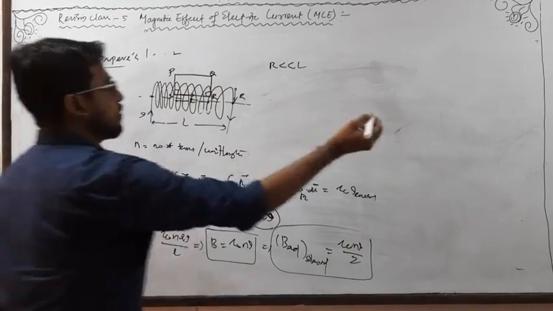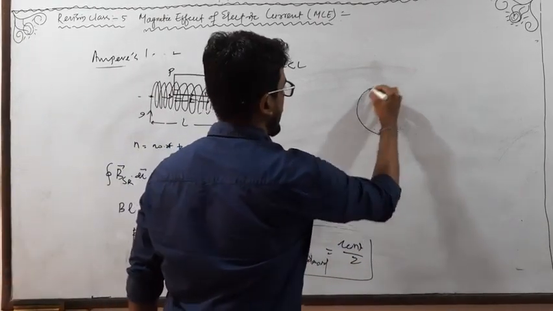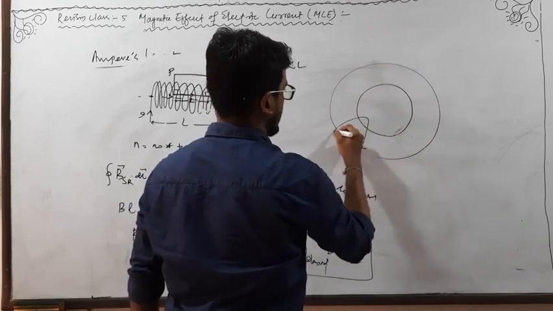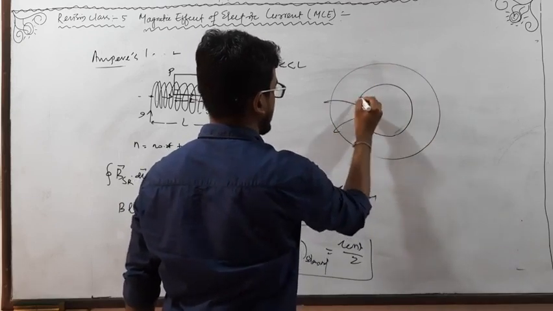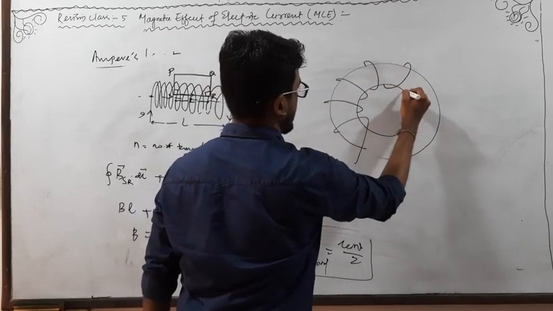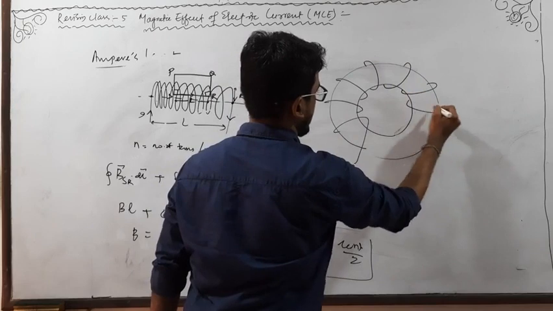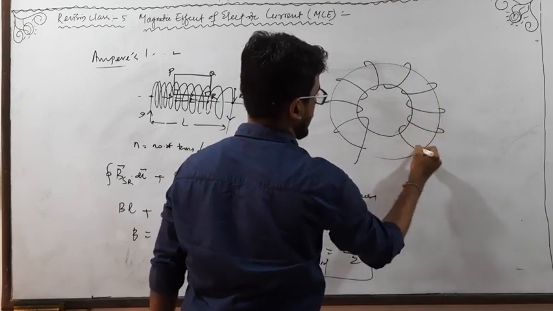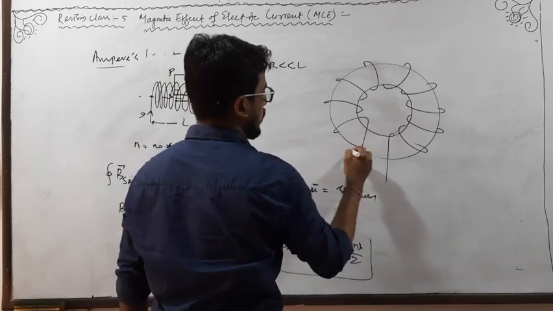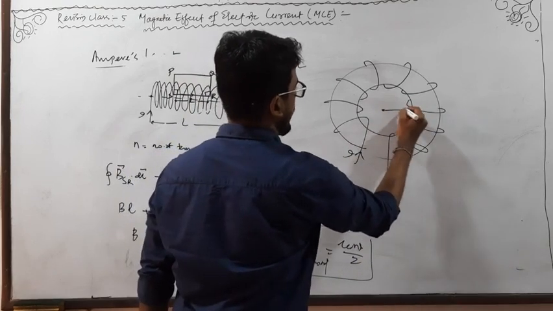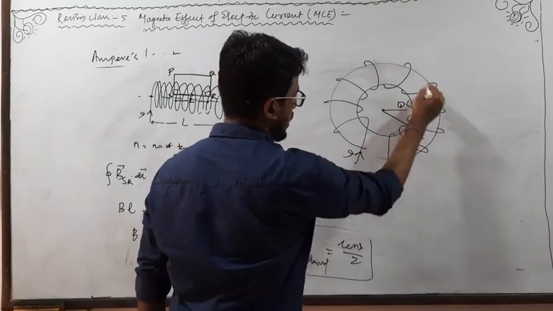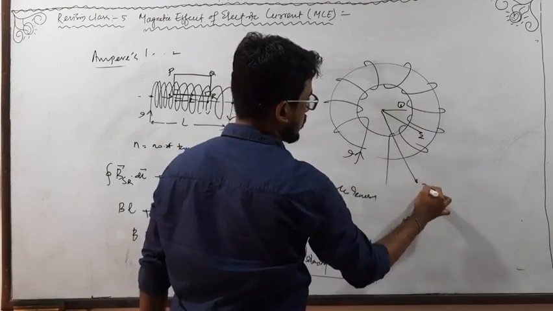Okay, similarly for case of toroid, in this case if current I is flowing through it, we have to assume 3 points: point 1 within the toroid, point 2 inside the toroidal core, and point 3 outside the toroid.